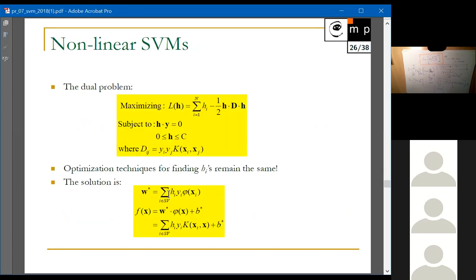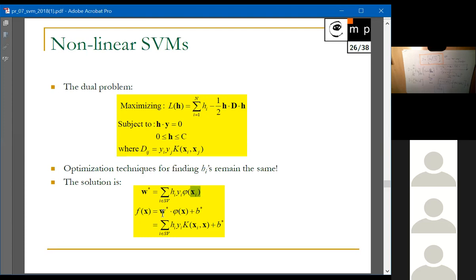The interesting thing is that even such a generalization can be calculated exactly like before. We have this new data matrix, which is not full of dot products. It's full of these kernel dot products or kernel responses. And the solution is again a linear combination, the W is a linear combination of this response at xi, where it's not a sum over all points, but only over the support vectors.